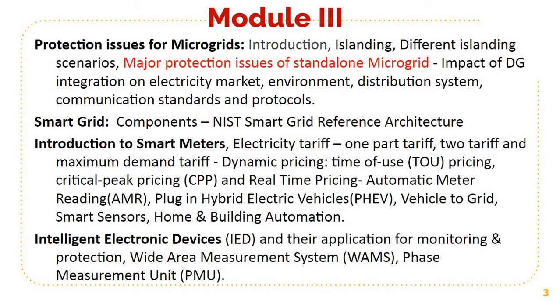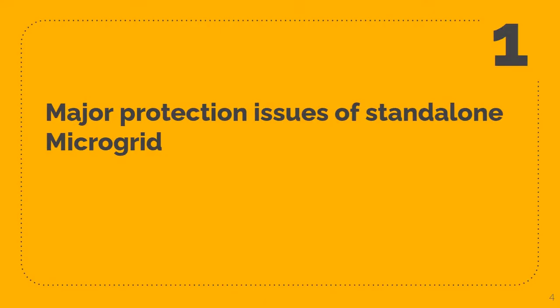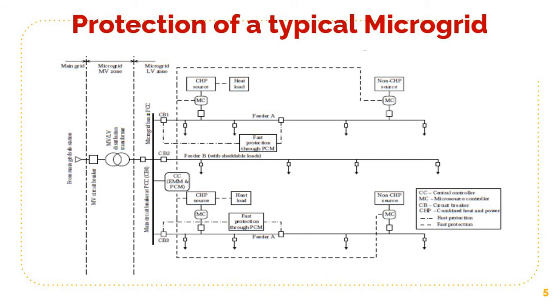So we are in module 3 now, and this session deals with the major protection issues of standalone microgrids. Here standalone means the islanded microgrid. So this we have already seen.